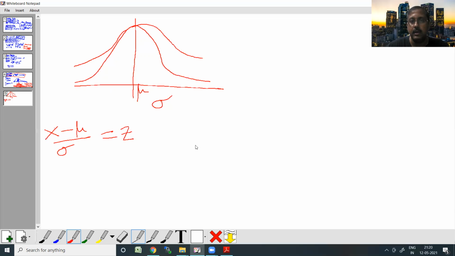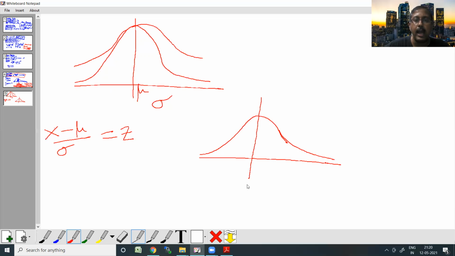The curve followed by z is a standard curve which is going to be the same for any distribution, with a mean of 0 and the standard deviation ranges that we have seen: -1 to +1, -2 to +2, and -3 to +3.